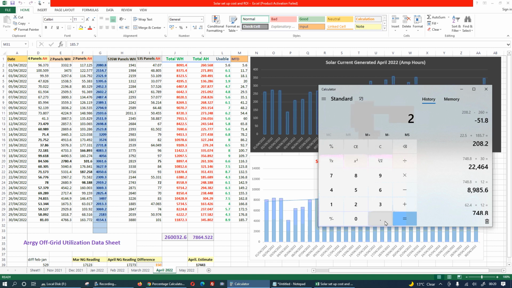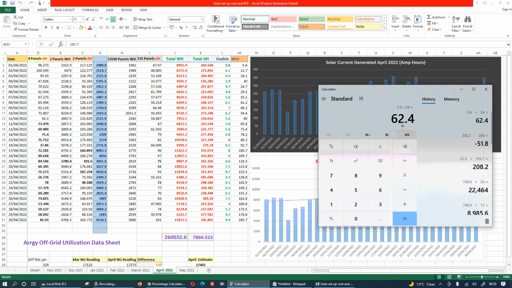Now, let's do some little calculation here. So 2.6 amps to run. I need to know how much voltage that is. Because I have a 24 volt battery system, I need to multiply that by 24, and that will give me the watts, the energy that the inverter is using.